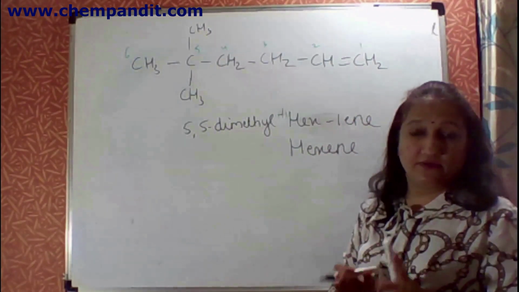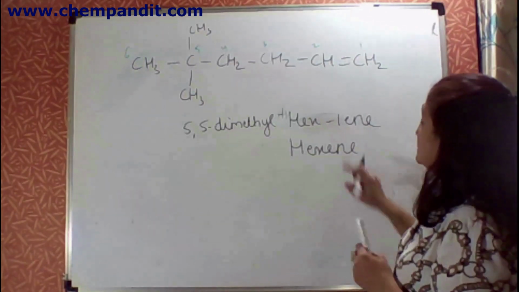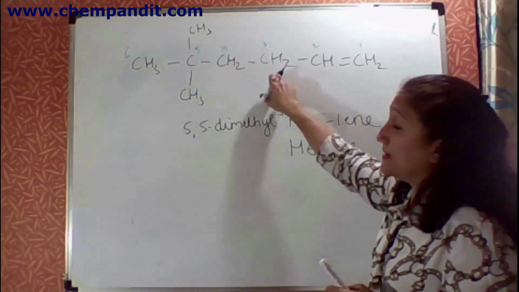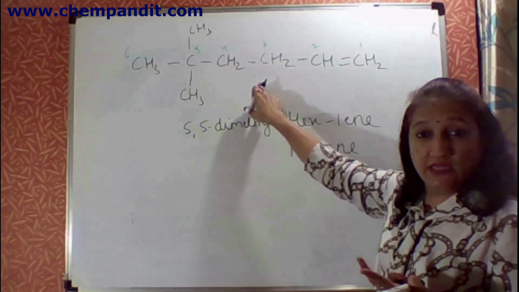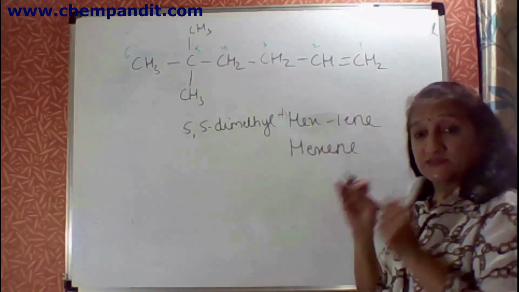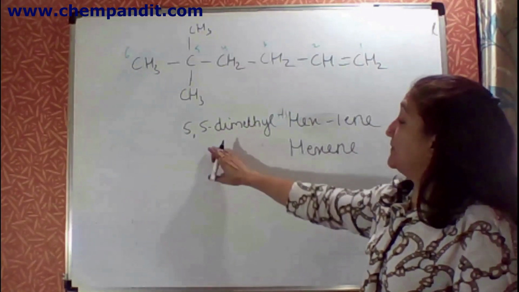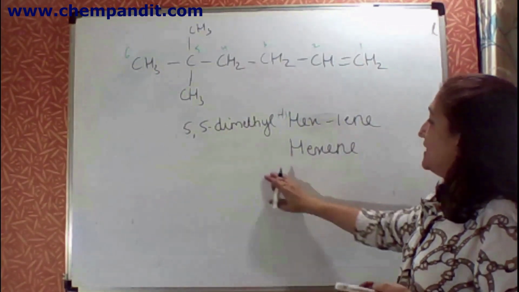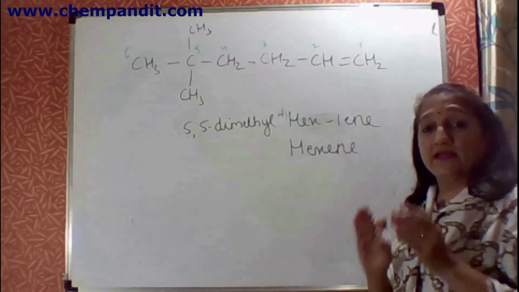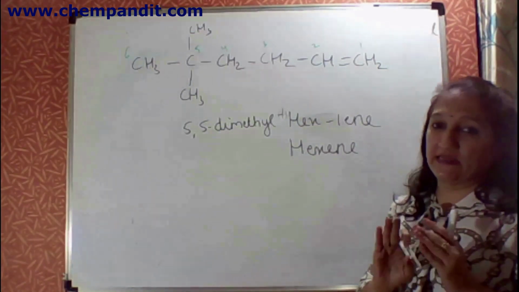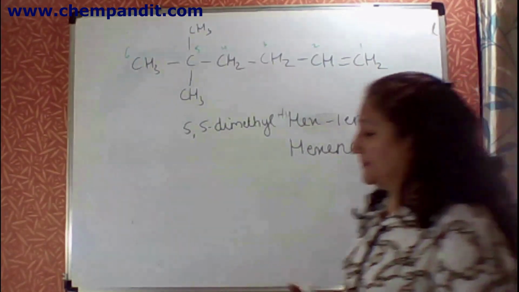Both are correct. Clear? But suppose this double bond is on some other carbon atom, carbon number 2 or 3, then you need to specify its position. Clear? So the name of this compound becomes 5,5-dimethyl hexene or hex-1-ene. Both are correct. Clear?